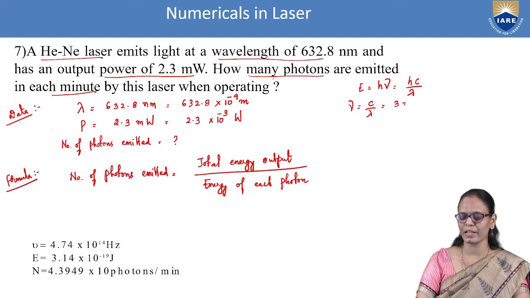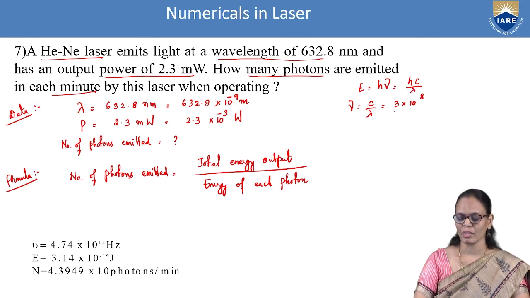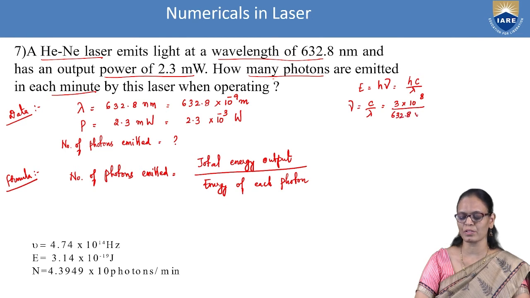C is velocity of light, 3 into 10 power 8, not minus 8, plus 8, upon lambda, 632.8 into 10 power minus 9 is the wavelength. So we get nu as 4.74 into 10 to the power of 14 hertz.